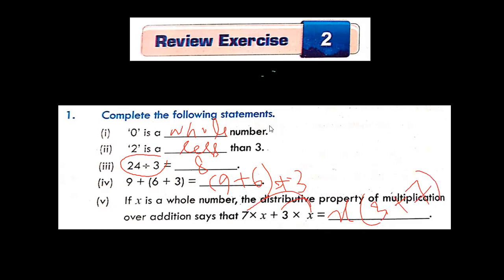Sorry, first 7, then 3, and x. So this property is known as the distributive property. It is given in the question: distributive property of multiplication over addition.